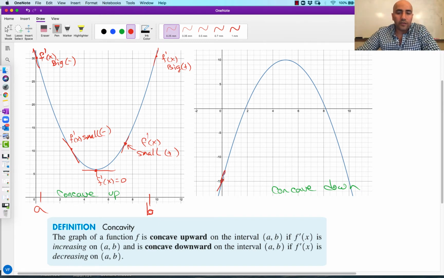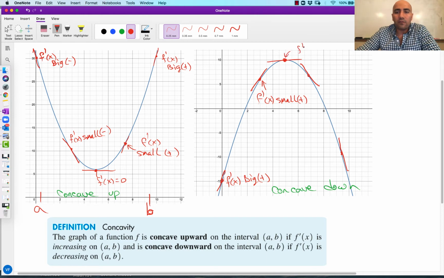Okay. Likewise, for the other case, if we have a tangent line over here somewhere, and then another tangent line over here, and finally some other tangent line over here, we see that the first derivative is going to be a big positive here, and then over here, that first derivative is going to be a small positive number. And then up at the top here, we have a horizontal tangent line, or it's supposed to be horizontal.